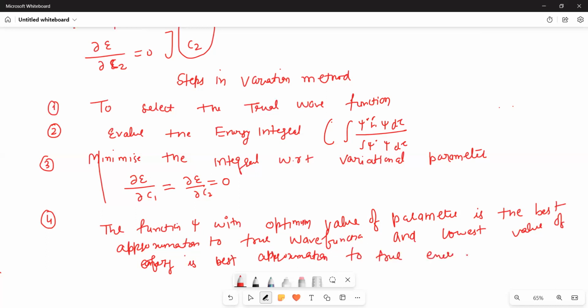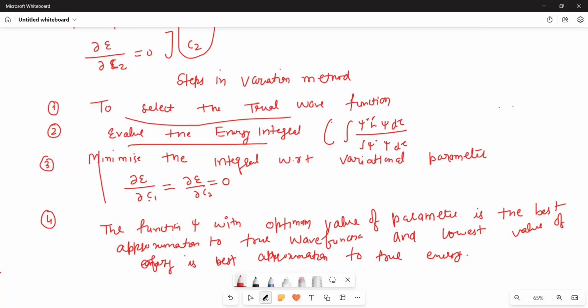So here we have finished the introduction to variation principle. Okay. I hope variation principle is clear. In variation principle, we have to follow 4 steps. First, we will choose our trial wave function. Second step, we will evaluate the energy integral. Third, in the energy expression, there will be some constant values, either C1, C2 or in the form of A1, A2 or AB.